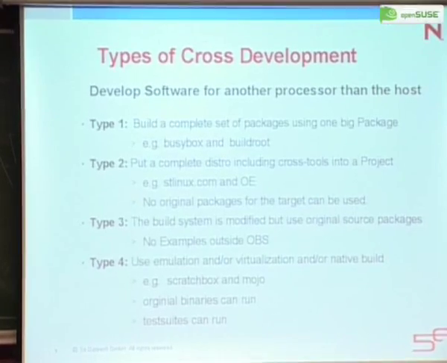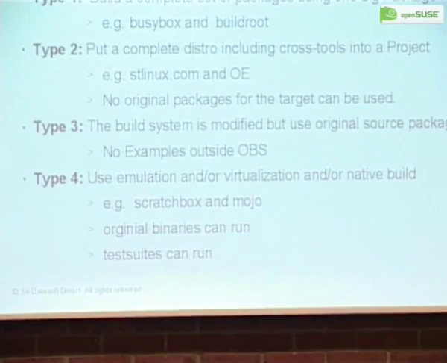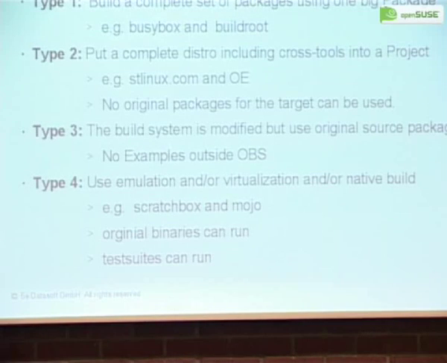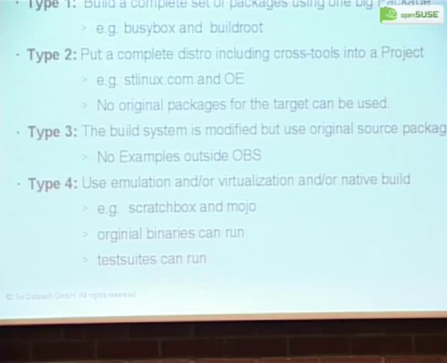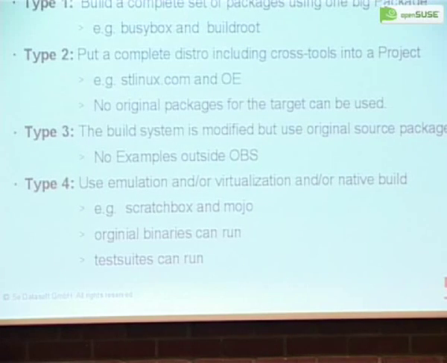That was the first practical approach where we had a real result with a real distro build in the end. That's what I call type 2. I have two examples here, ST Linux and Open Embedded.